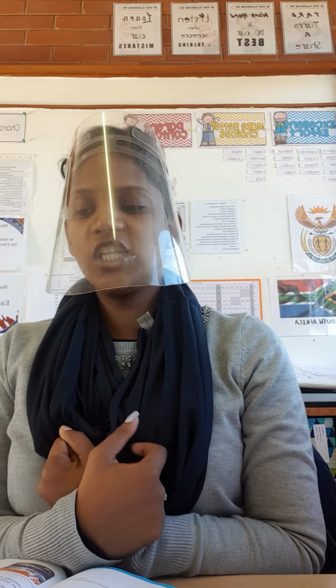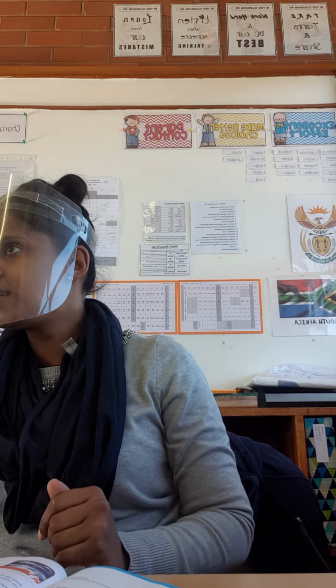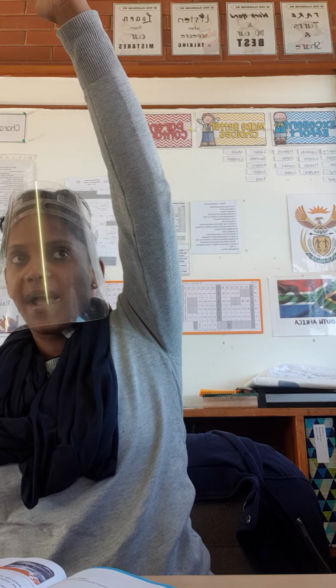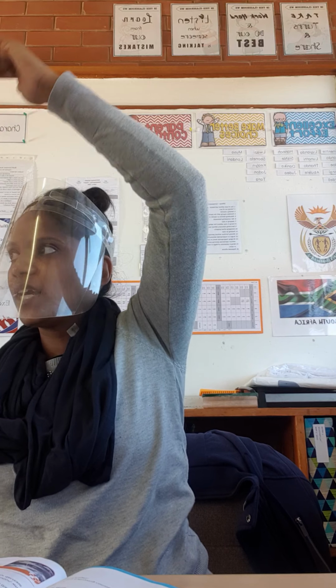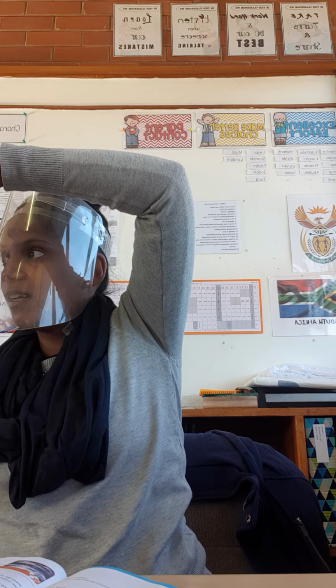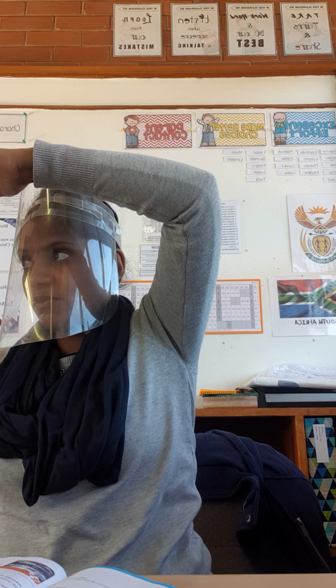Let's take another one. For example, 1D says 231 degrees Celsius. I need to get to 100. I'm at 231. Must I add here or subtract to come to 100, Menentle? I need to come down, Nana. So I need to subtract.